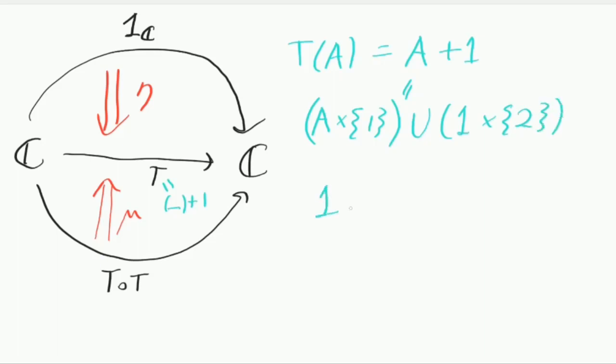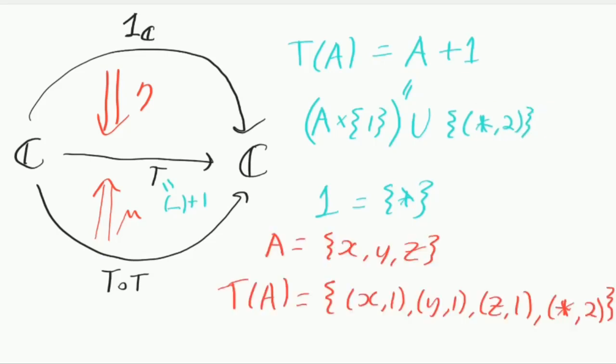And if we're assuming that our terminal object is just this singleton set that has a single element star, then this is just going to be the set which has a single element, the pair (star, 2). And so to look at an explicit example, if A is the set {x, y, z}, then T of A is going to be this set here. It has x, y, and z tagged with 1, but it also has this element star tagged with a 2.